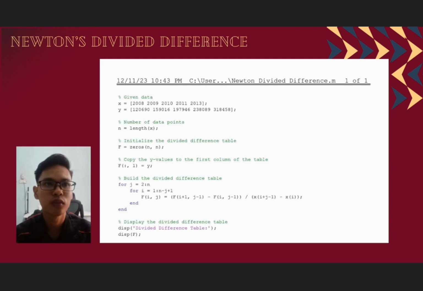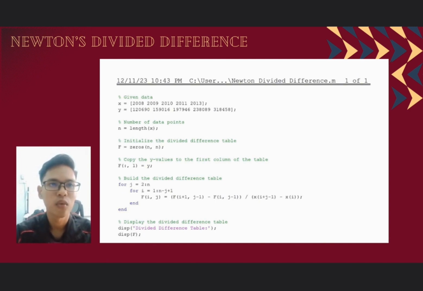We have to declare the data given from the question: X is 2008, 2009, 2010, 2011 and 2013. Same as Y, we just take it from the question. We have to declare the number of data, initialize the divided difference table, and display the divided difference table by using disp divided difference table.